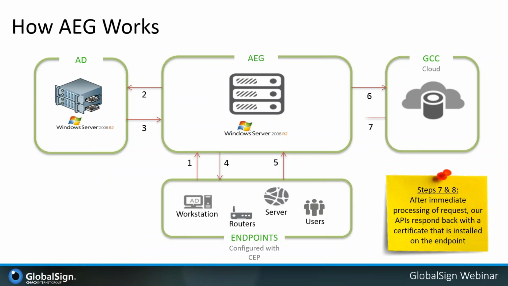Finally, in steps number 7 and 8, the GCC backend processes the requests, usually within seconds, and sends an API response back along with the certificate to be installed on the endpoints as requested. So the entire process takes place over a few seconds and can be fully automated by setting up the endpoints to automatically grab the certificates using group policies.